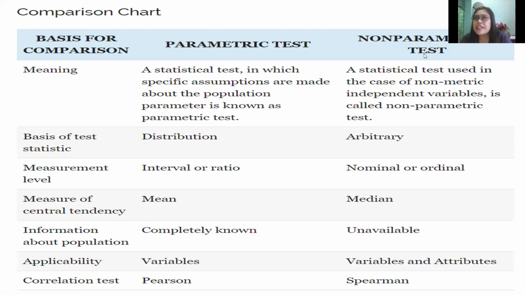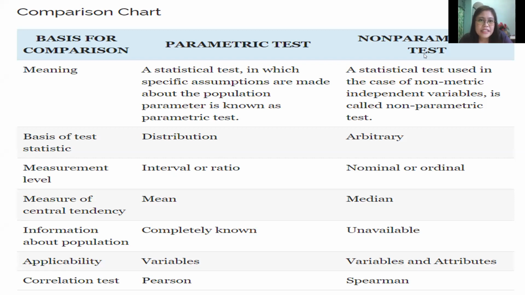But if your data is not normally distributed, either positively skewed or negatively skewed, then we will use the non-parametric test. So, these are their differences.